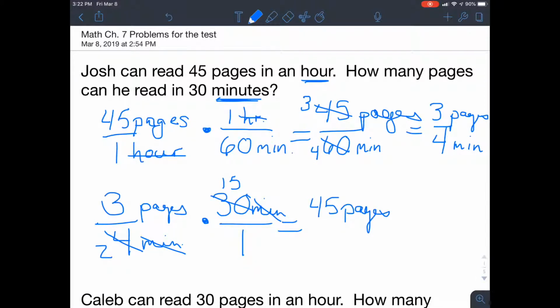And on the bottom I have 2 times 1. Well, that's just 2. Now I look at that and I think, 45 pages divided by 2. Well, 45 divided by 2 is 22.5 pages. So Josh can read 22.5 pages in 30 minutes.